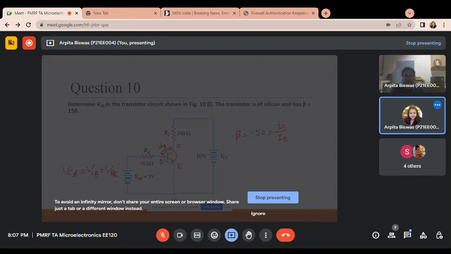As it is a common emitter connection, the collector to emitter voltage VCE is equal to the voltage across VCB plus the VBE, and we know that the value of VBE for the common emitter is 0.7. So here we can easily find out the VCB if we know the value of VCE. So at first we have to find out the VCE, this voltage.